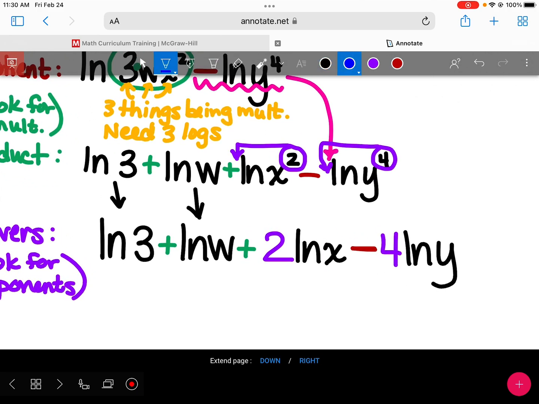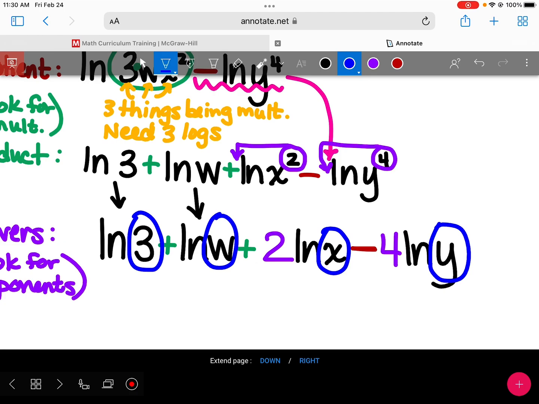How many ln's do we have? How many logs? 4. That means we've got 4 arguments. This is an argument. This is an argument. This is an argument, and this is an argument. The way I know I'm done expanding is when I get to this step and I look at those arguments, I'm going to check to see, are there any fractions?